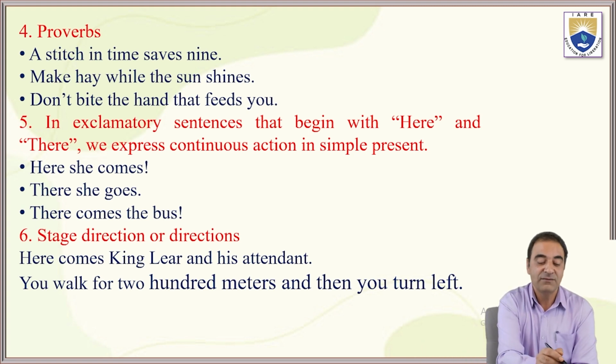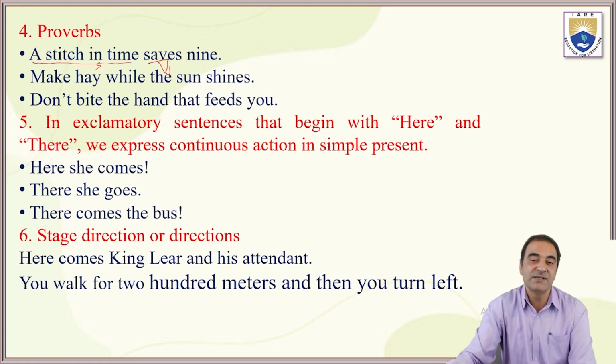Again, here we have a stitch in time as the subject, and here we have the verb in first form, saves. Why? Because it is something which is considered as truth. That's why we express proverbs in simple present tense.